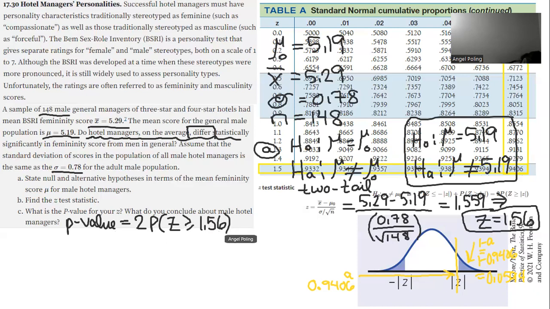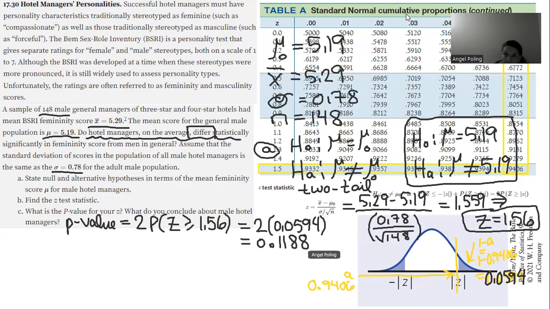And we know that to be 2 times 0.0594, which equals 0.1188. Okay, so that's our p-value.